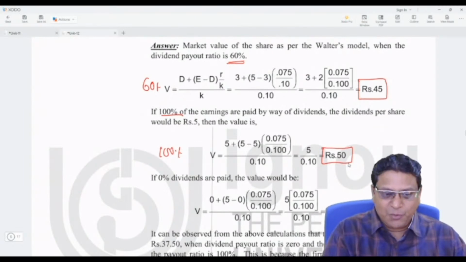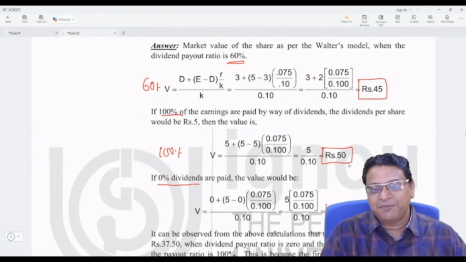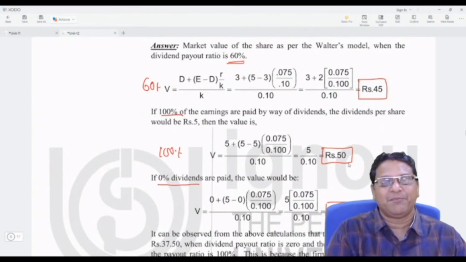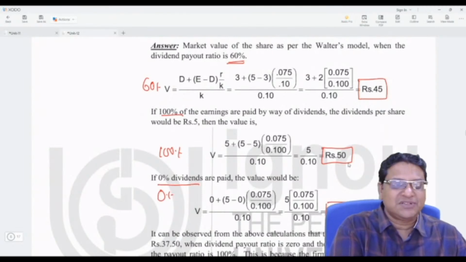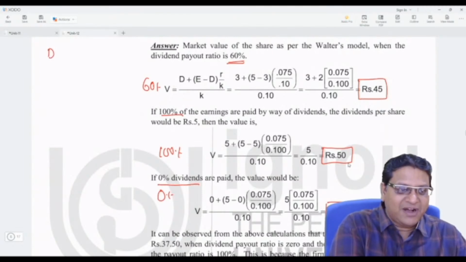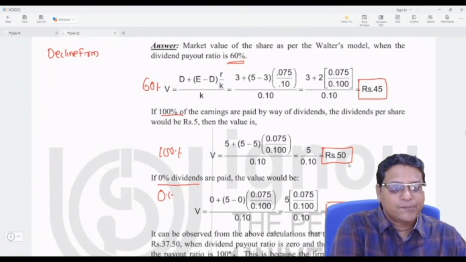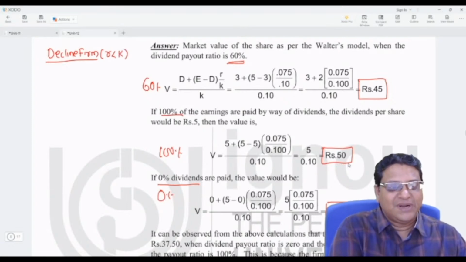And in case of 0% dividend paid, the value of the firm is rupees 37.50. So what is the summary of the calculations? Decline firm, R is less than K. Payout ratio and value of the firm.